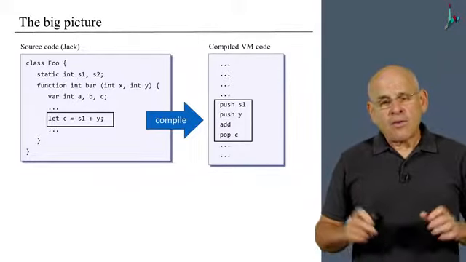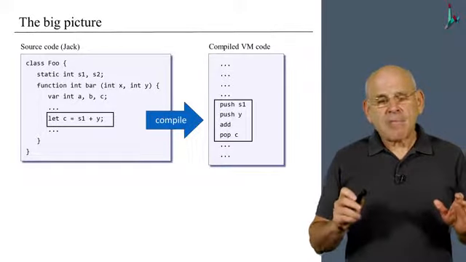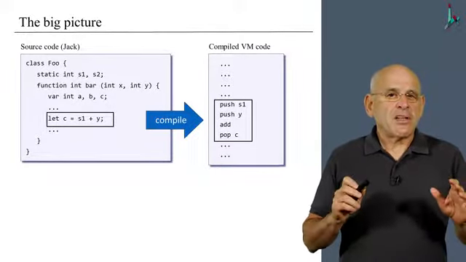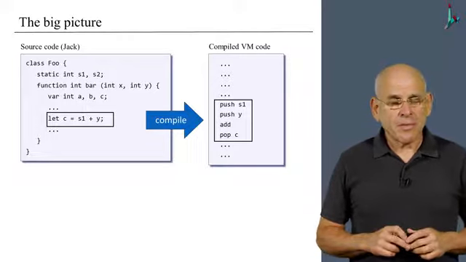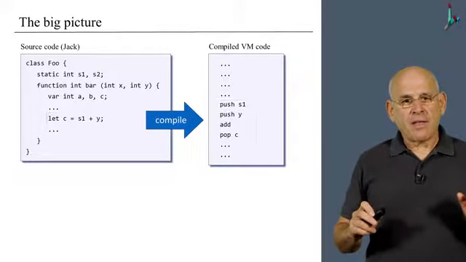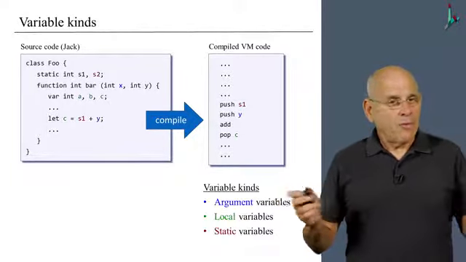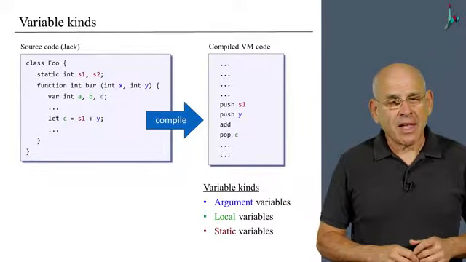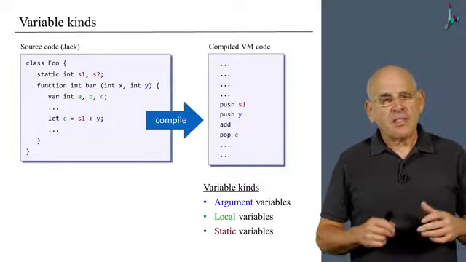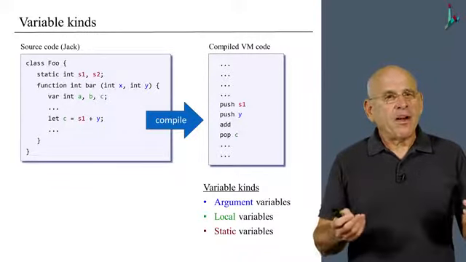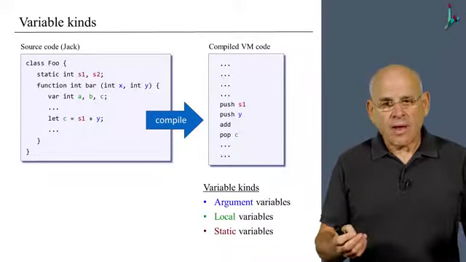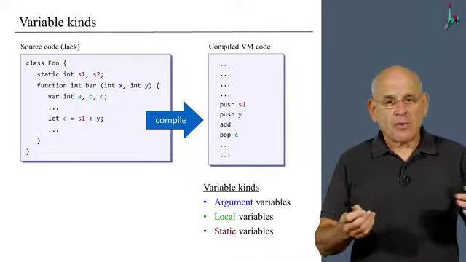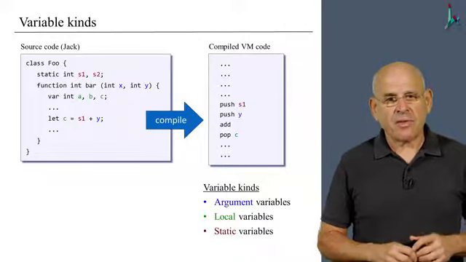Now, I want you to notice that something kind of gets lost in the translation. If we look at the high level, we know from our experience and from our knowledge of the high-level syntax of this language that different variables have different roles, right? S1, for example, is a static variable.